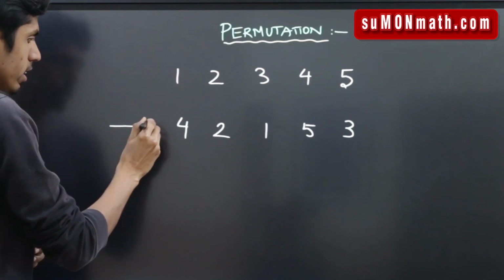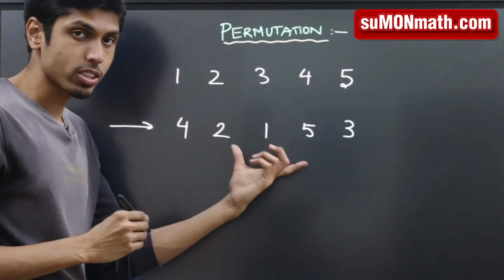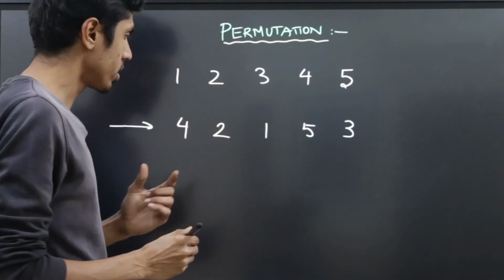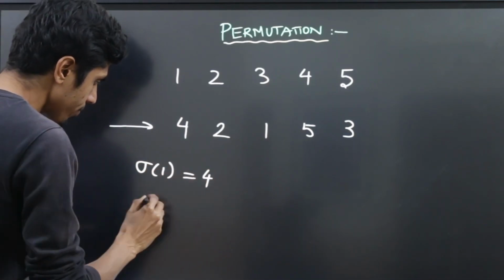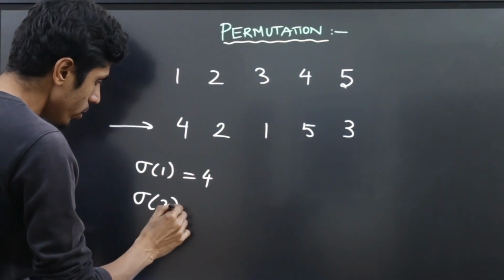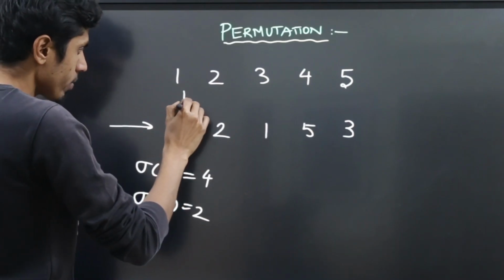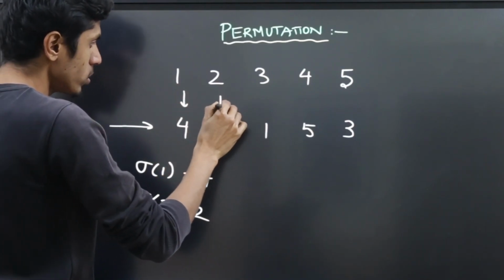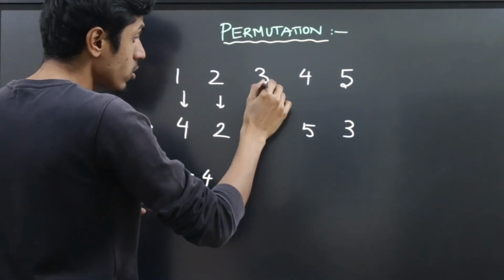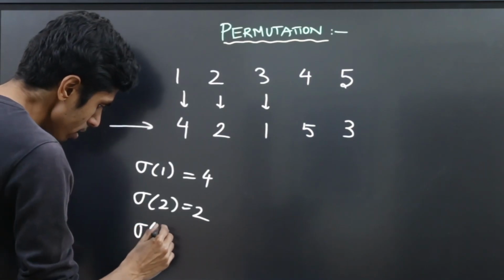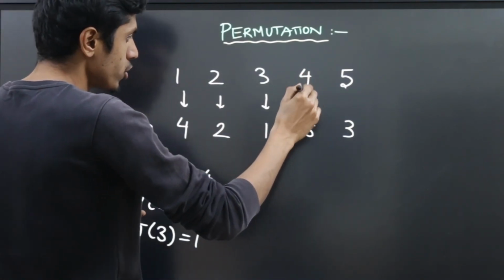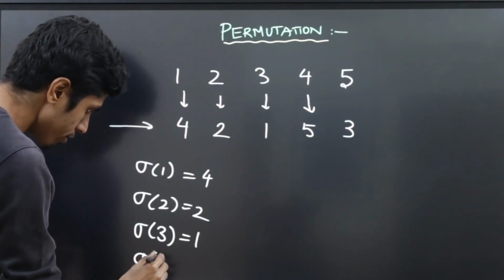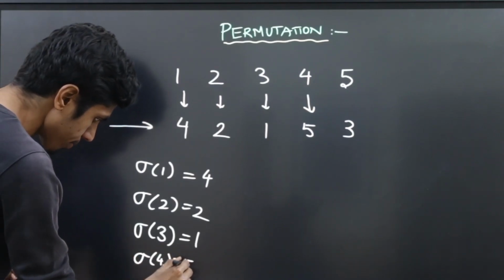Then we write this permutation as a function from this set to this set. That is, sigma of 1 equals 4, sigma of 2 equals 2, because 1 is occupied by 4, 2 is occupied by 2, 3 is occupied by 1. So 3's position is occupied by 1. 4's position is occupied by 5, so we write sigma of 4 equals 5.